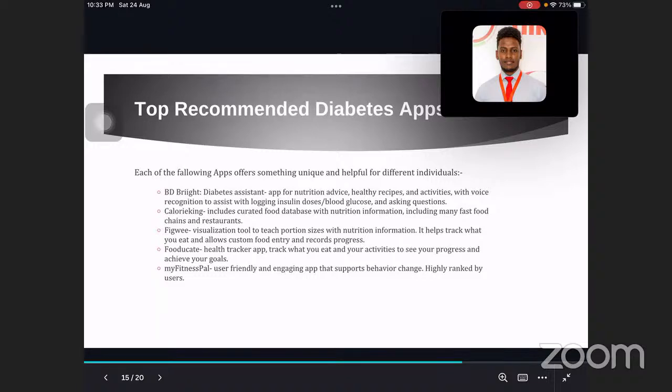So those apps are recommended by the Diabetes Education Service website as top applications for the healthcare provider to recommend to their patient. And each of the following applications offers something unique and helpful for different individuals.